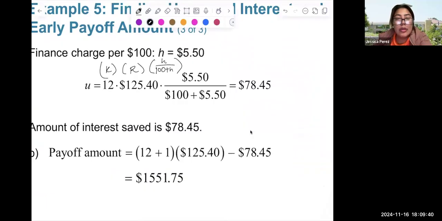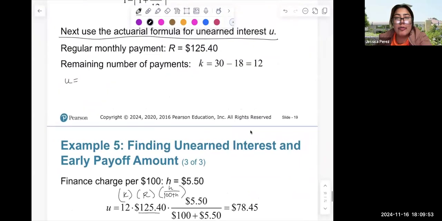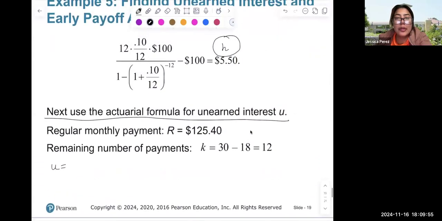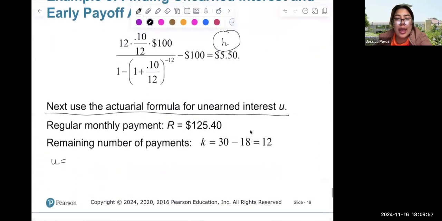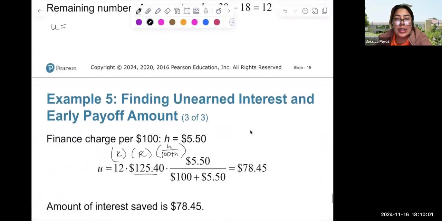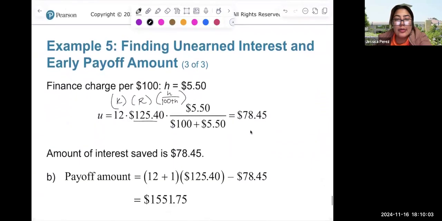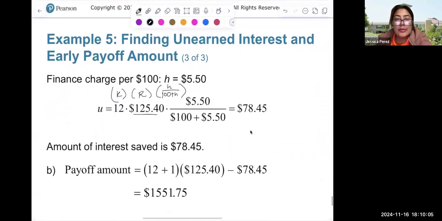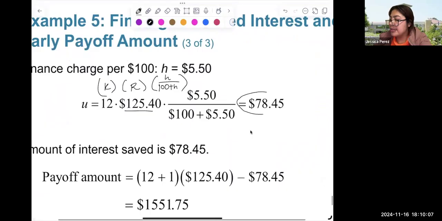There's K, the remaining was 12 months, and R was $125.40. H was 5.50. That's what we found from the top part up here. And we found K to be the remaining number of payments, 30 minus 18. And then we use 5.50 over 100 plus 5.50, and we got a total of 78.45.